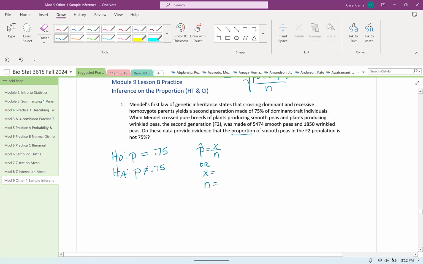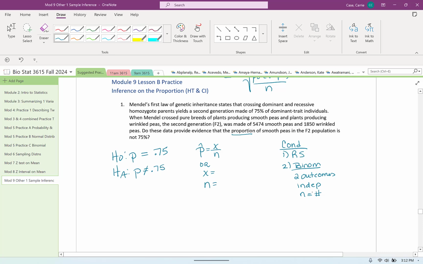And then our conditions for this test, there are a lot of them, remember. The conditions for a one proportion z test are that we have a random sample, that we have a binomial variable, and specifically we have to have two outcomes. We have to have independence. We have to have n equal to a number.